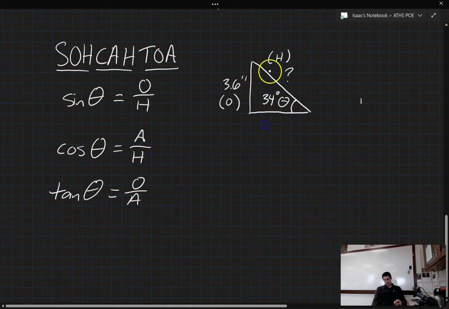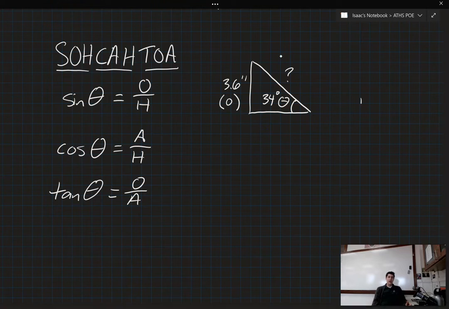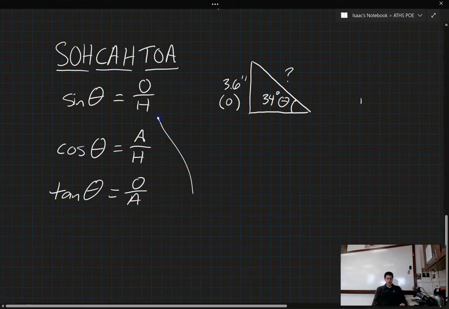Alright, so for this problem, I am given the angle and I'm given the opposite side. And I'm asked to find the hypotenuse. That means we're going to use sine. So I'm going to set this up with the information that we've got. Sine of the angle, which is 34 degrees, is equal to opposite over hypotenuse. So that's going to be 3.6 divided by the hypotenuse.